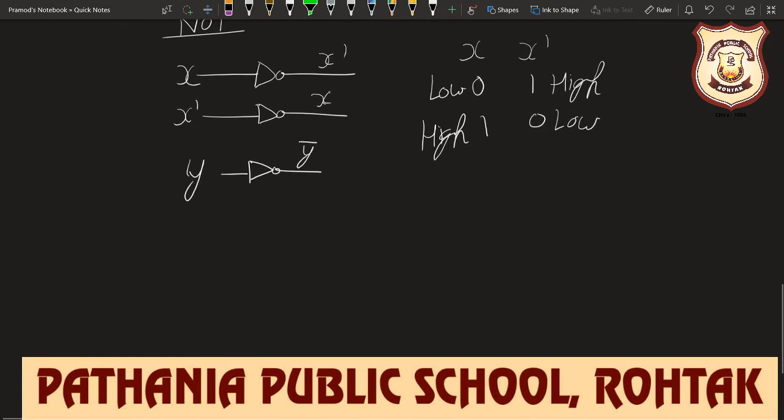And we also revise the OR gate here. In the OR gate, two or more than two inputs are there and only one single signal is your output.